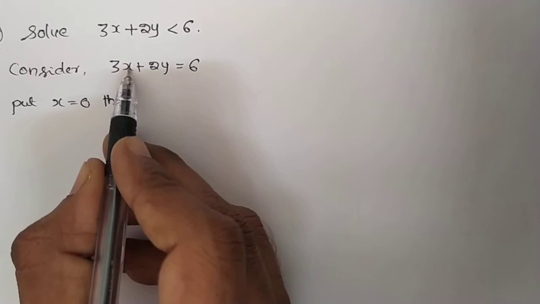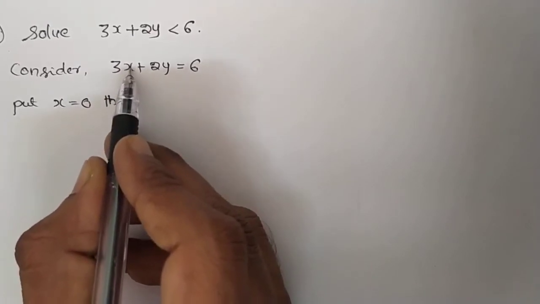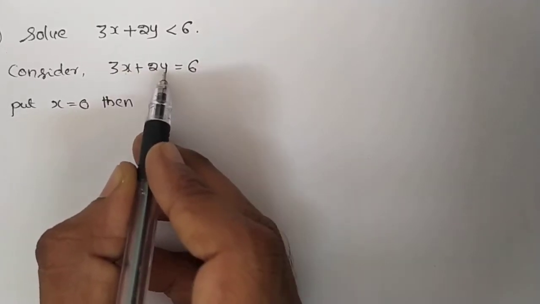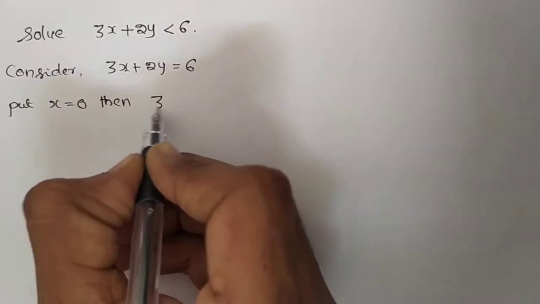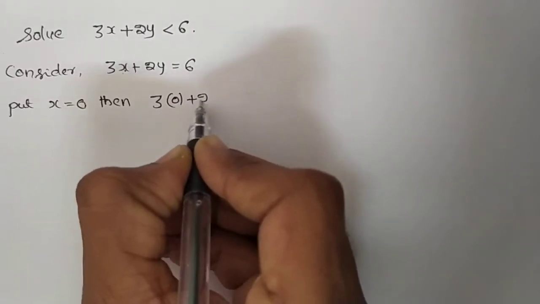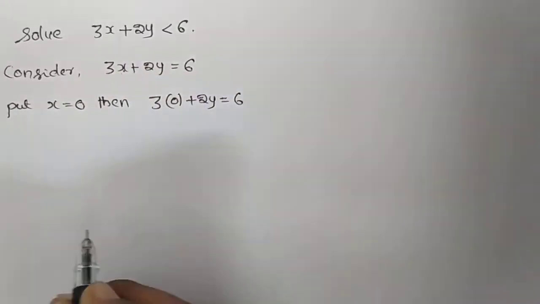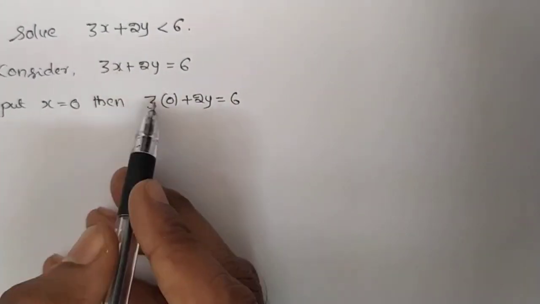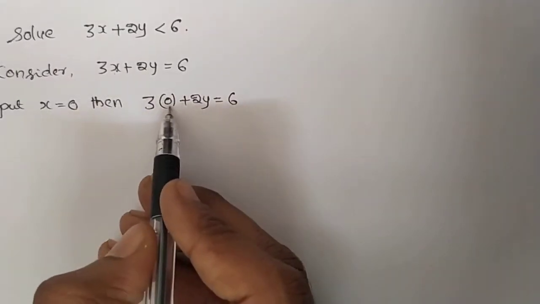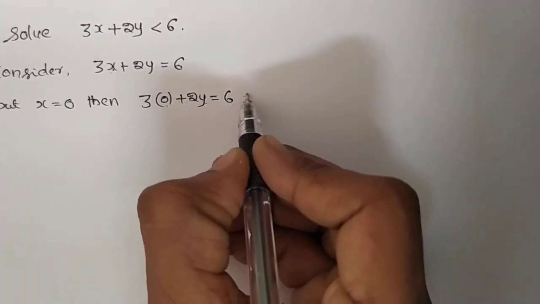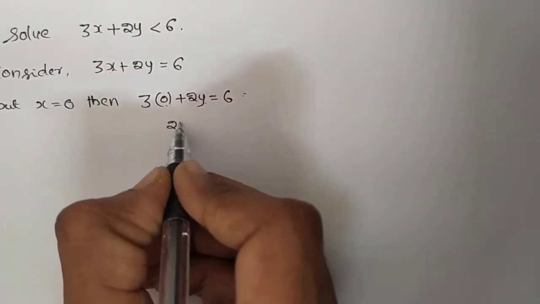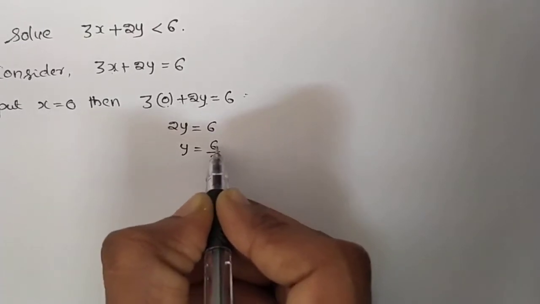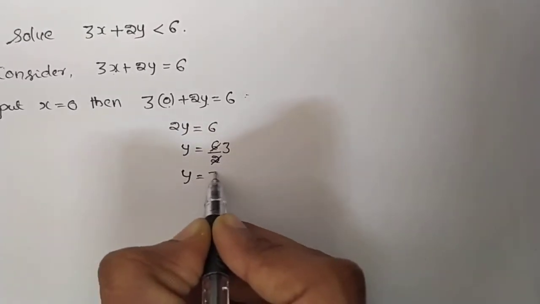If we put 0 in place of x, 3 into 0 is 0, so 0 plus 2y equals 6. 2y equals 6, y equals 6 by 2. Two threes are 6. Therefore, y equals 3.